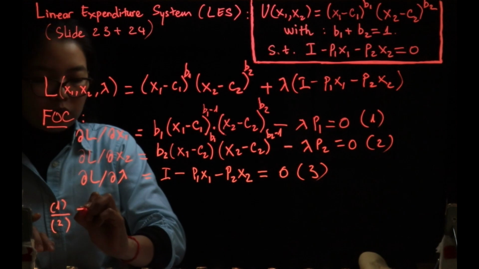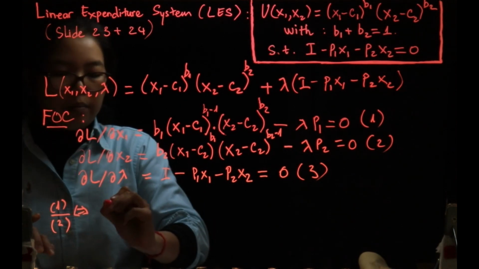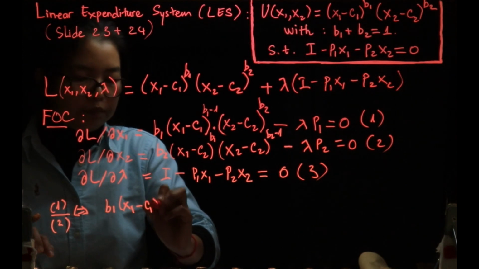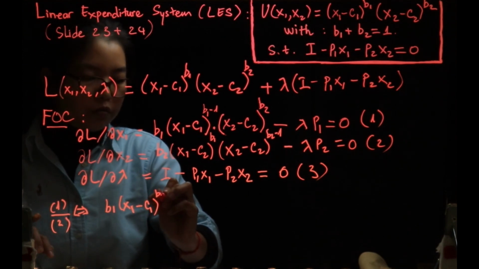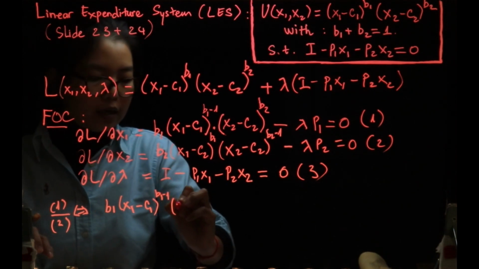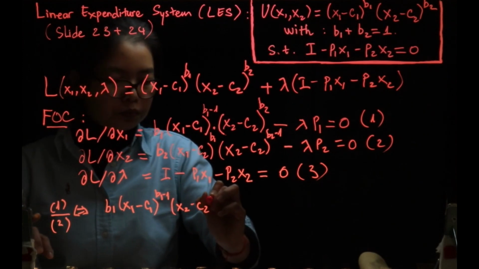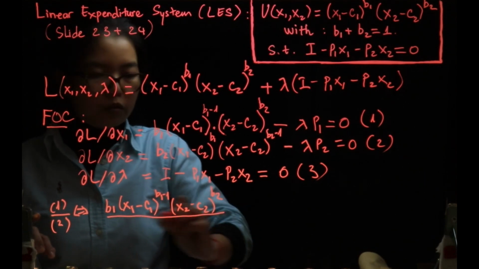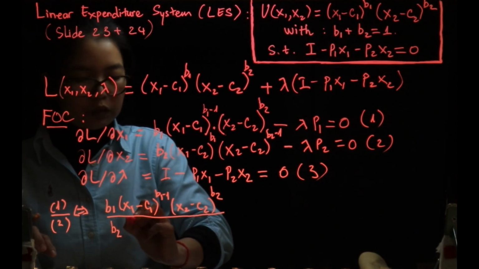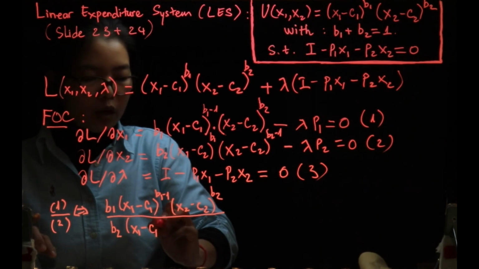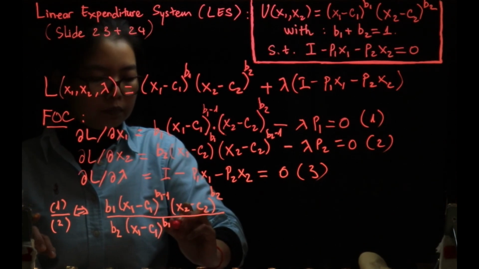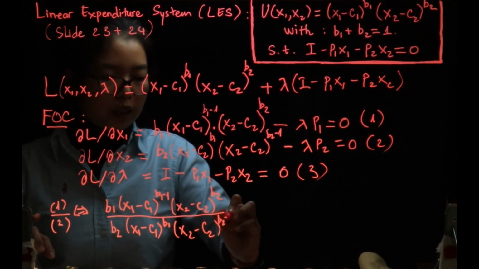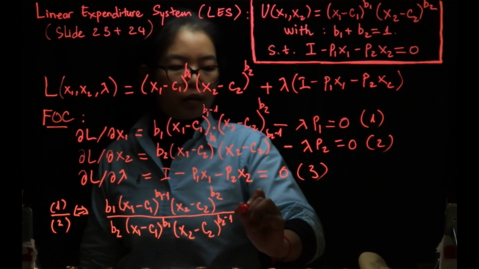One divided by 2, which is b1 times (x1 minus c1) to the power of b1 minus 1, and then times (x2 minus c2) to the power of b2, divided by b2 times (x1 minus c1) to the power of b1, and then times (x2 minus c2) to the power of b2 minus 1, equals.